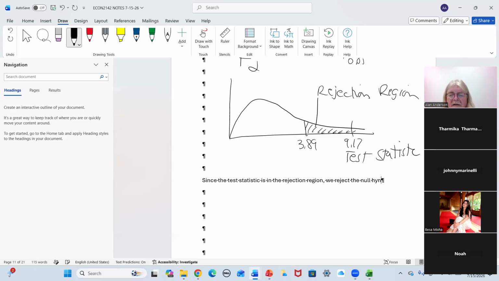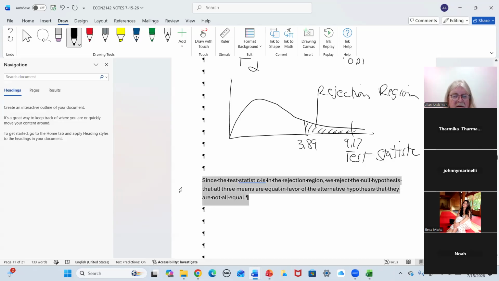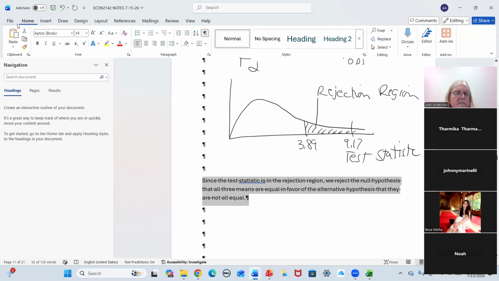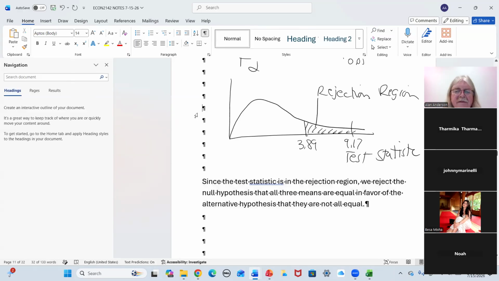We reject the null hypothesis that all three means are equal in favor of the alternative that they're not all equal. Oh, that's better.